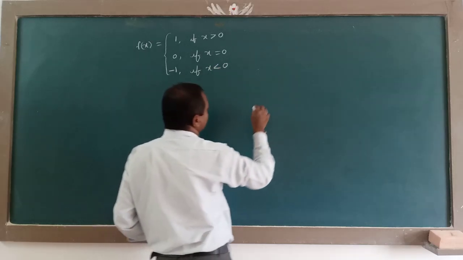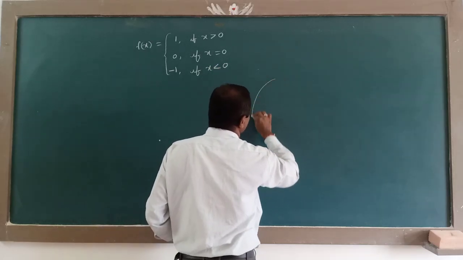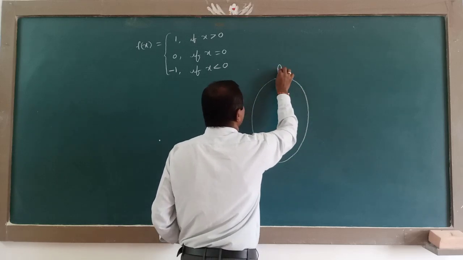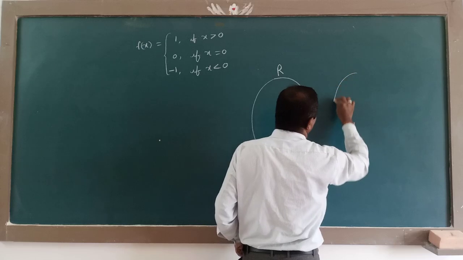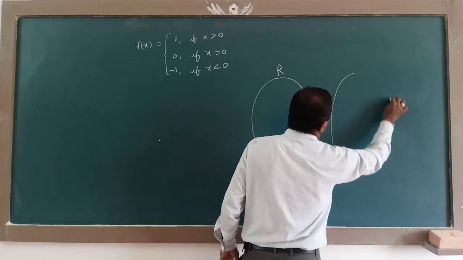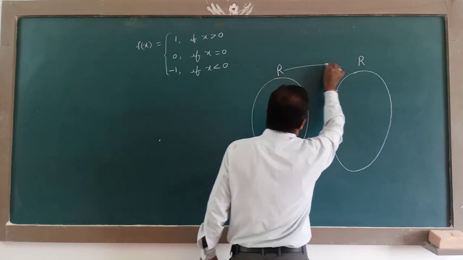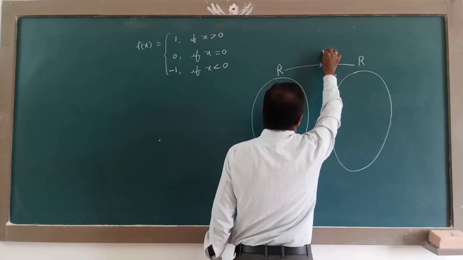Now the diagrammatic representation is like this. This is the set of real numbers, and here also take the set of all real numbers. Now R to R is one function f.